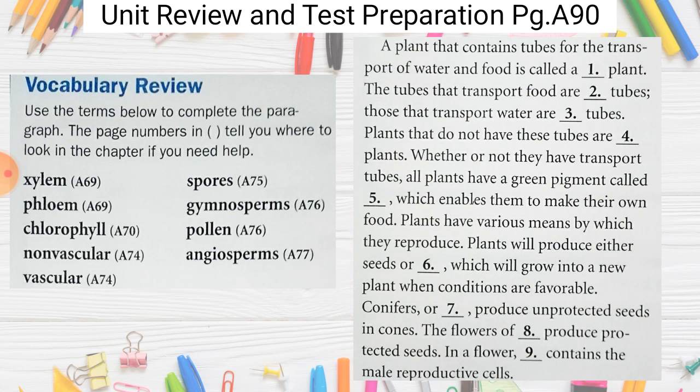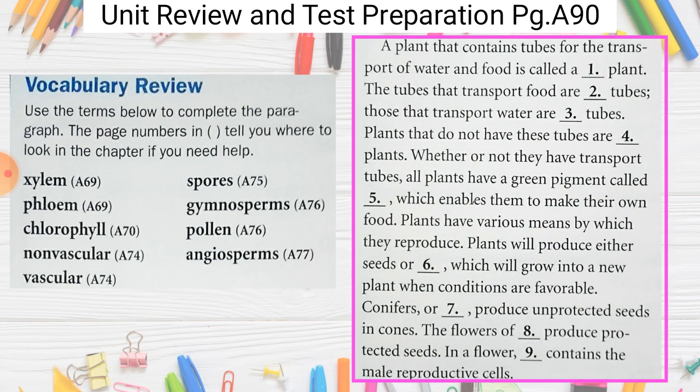Which word is for space number 1? Vascular. A plant that contains tubes for transport of water and food is called a vascular plant. Write vascular on space number 1.